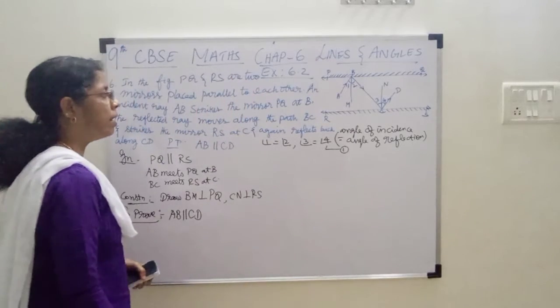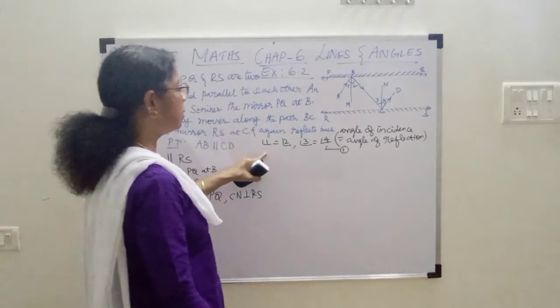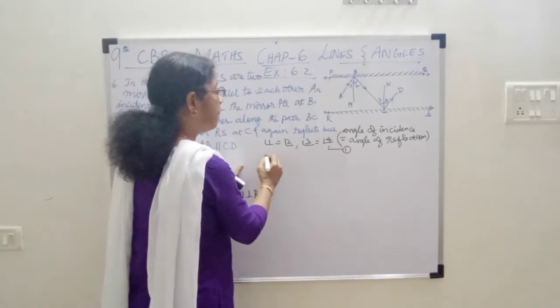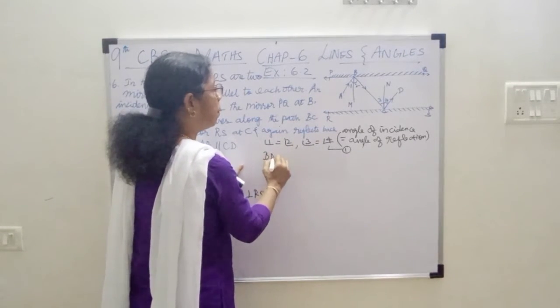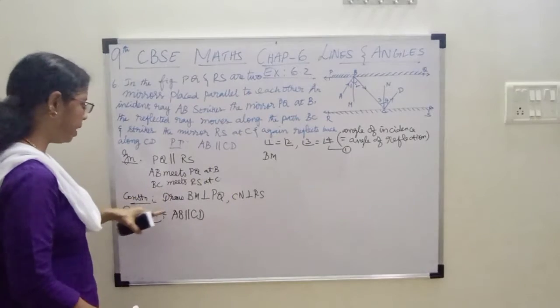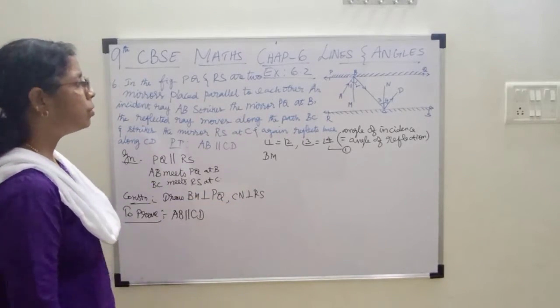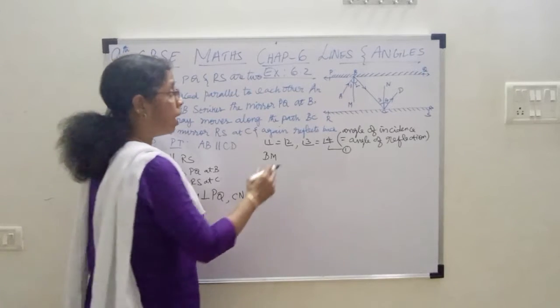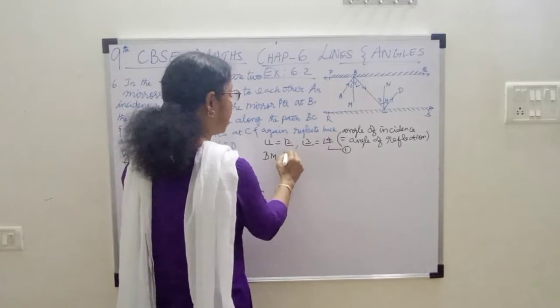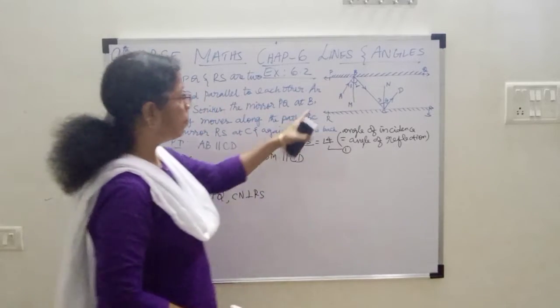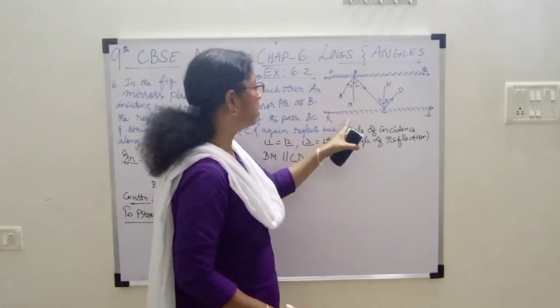Then, coming to this. We have already said that BM is perpendicular to PQ and CN is perpendicular to RS. Both are perpendiculars drawn on PQ and RS.